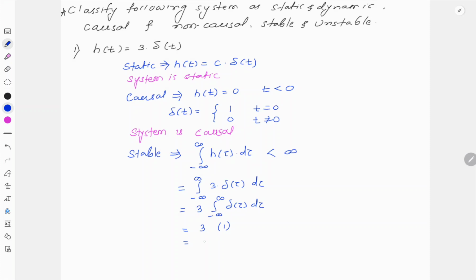So this integration leads to a constant value 3, which is less than infinity, hence this system is stable.